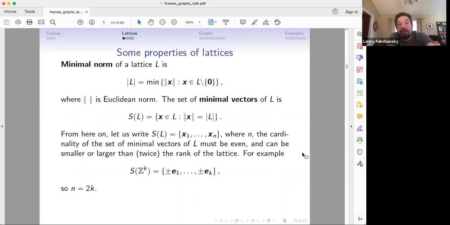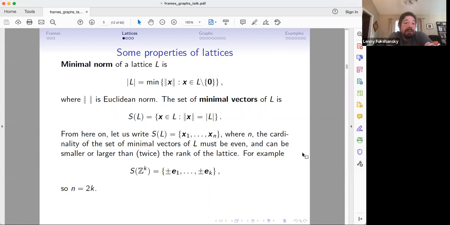From here on, S of L will always stand for the set of minimal vectors, and let me just list them as x1 through xn. So the cardinality n must always be even, right? Because if x is a minimal vector in L, then so is minus x. So they always come in pairs.